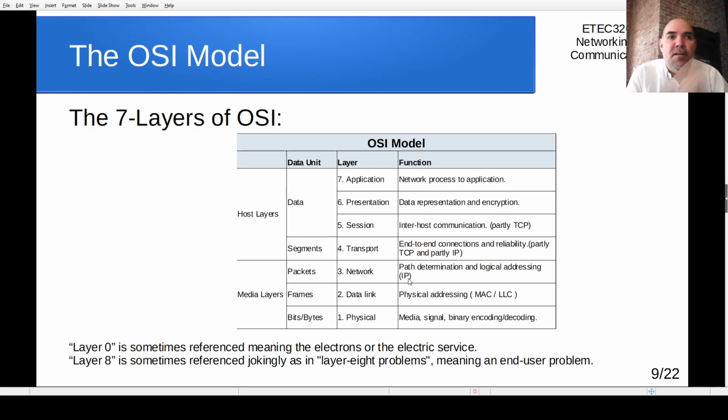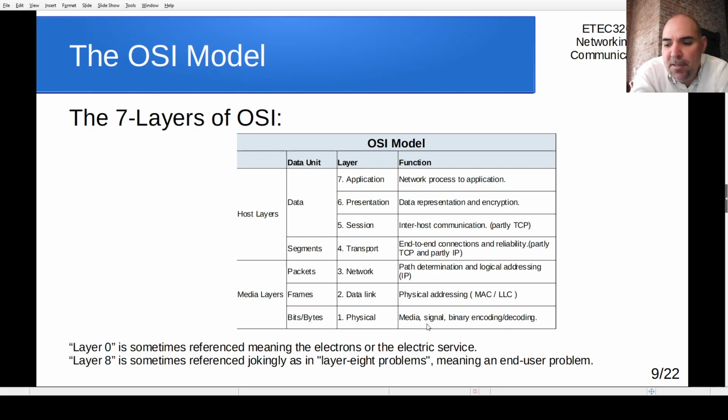So when I talk to a website like google.com, or in my company's case, yoastlabs.com, that has a logical address associated with it. But the physical address of that server is kind of irrelevant because the routers are going to handle talking to the next one up the chain. Now, at the lowest level, level 1 is considered the physical layer. That's the actual media or wireless signal that's doing the binary encoding and decoding.